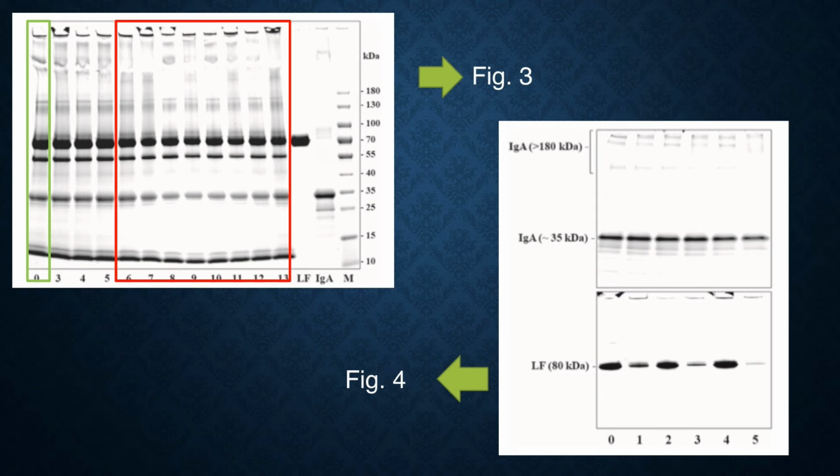Heat treatments between 72 and 85 degrees centigrade induce higher losses of activity, bands 6 to 13. This is illustrated with the thickness of the bands in the electrophoresis. At 0, where no heat was applied, the bands are the thickest, but bands 6, 7, and 9 to 13 are the thinnest, which indicates it has lost part of the neutralization activity.